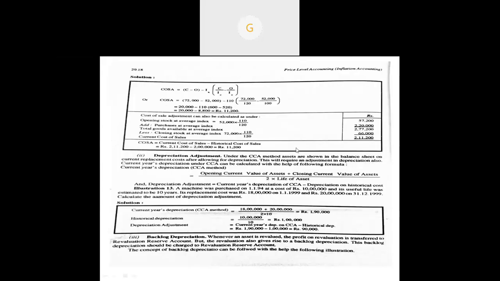Backlog depreciation: whenever an asset is revalued, the profit on revaluation is transferred to the revaluation reserve account. So in this particular case, 10 lakhs was the asset, and it's revalued at 18 lakhs, revalued at 20 lakhs.